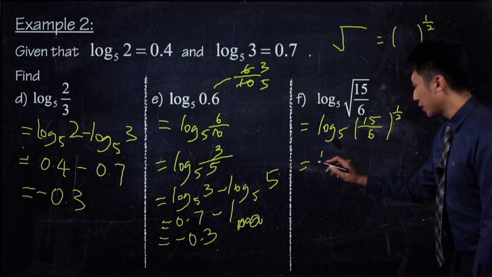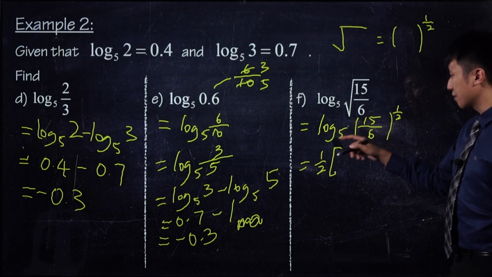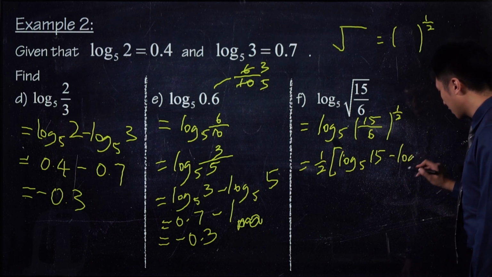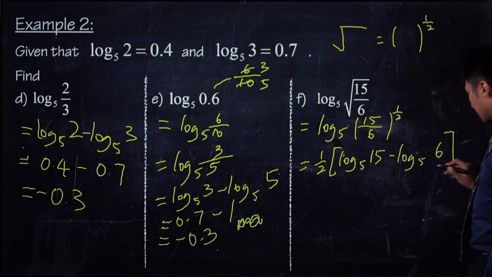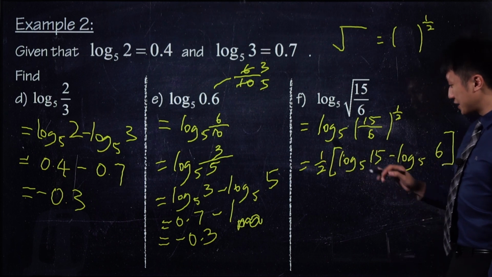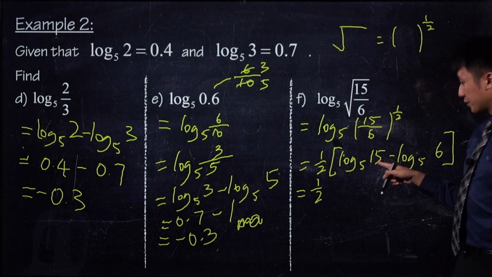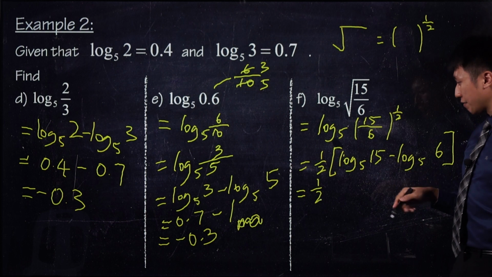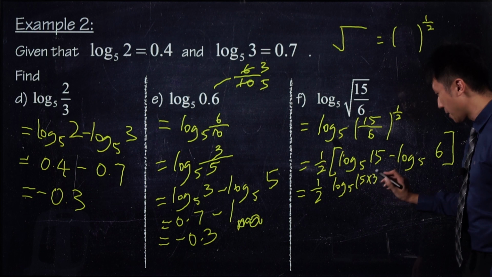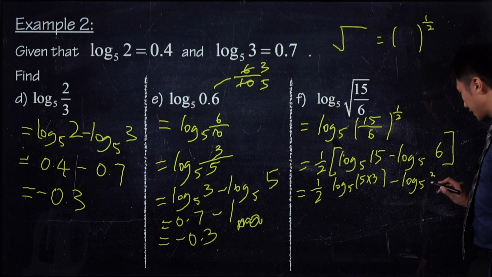So it becomes 1 over 2 times bracket, log inside divide means log base 5 of 15 minus log base 5 of 6. 1 over 2. So this 15 is what? Log base 5 of 15 means log base 5 of 5 times 3, so it becomes plus here. Then minus log base 5 of 3 times 2.